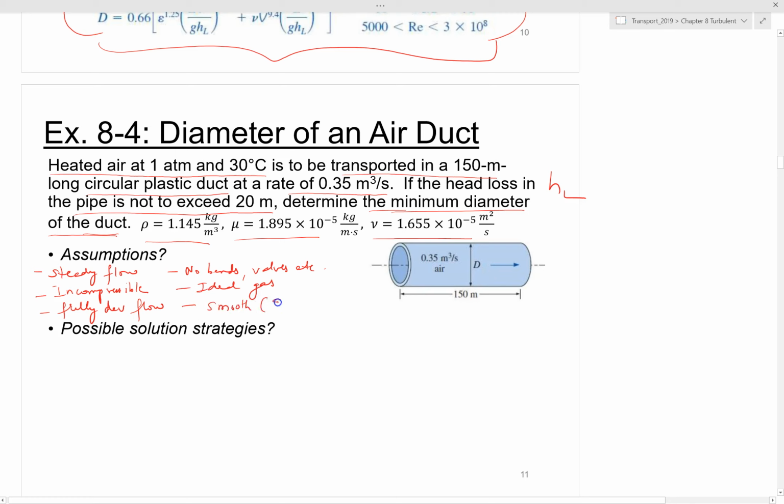Smooth, that is epsilon or E is equal to 0. Is it turbulent? To be found out.